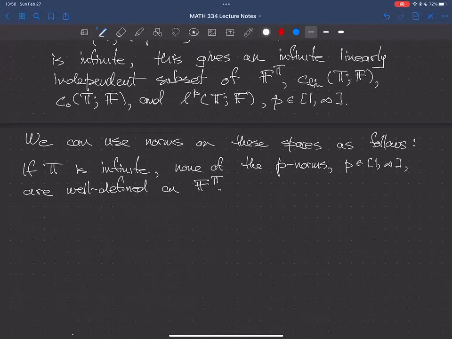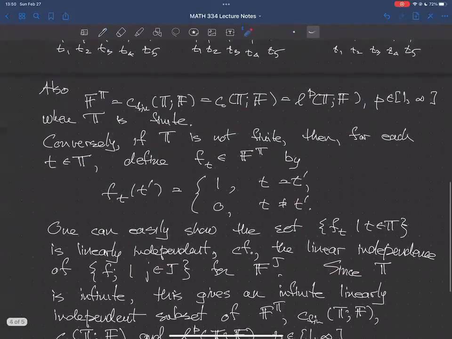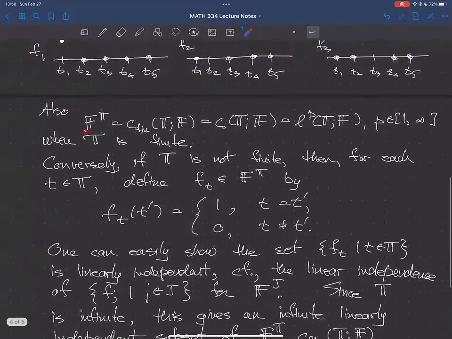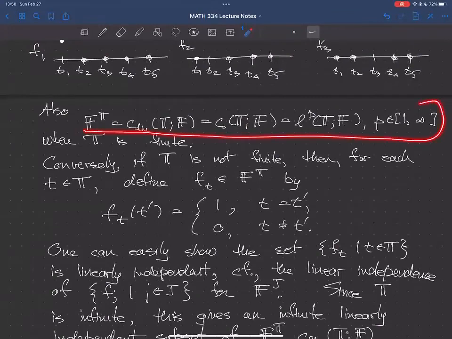And remember that when T is finite, we're in this situation here where all of these things are the same, and so in fact we can use any of the norms.